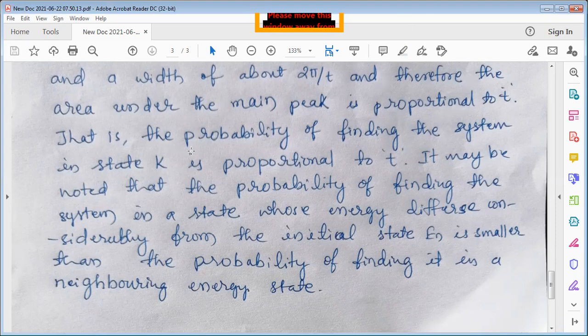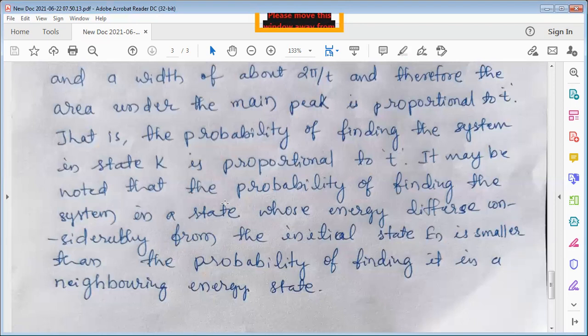It may be noted that the probability of finding the system in a state whose energy differs considerably from the initial state E_n is smaller than the probability of finding it in a neighboring energy state.